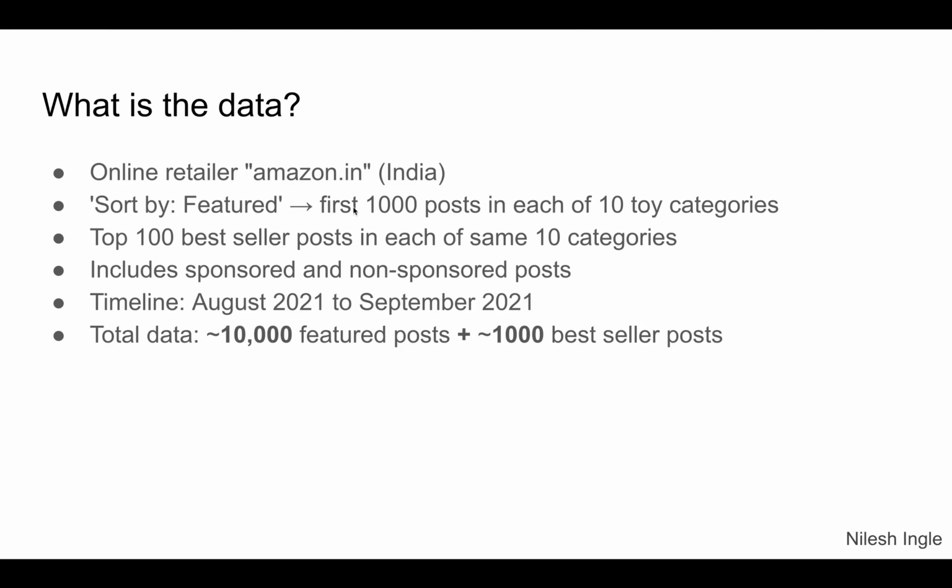Again, the data is collected for approximately the first 1,000 or so posts for each category of toy, and the posts are collected such that the sort by is selected as featured. Whatever results I'm seeing, those are the data points that are collected.